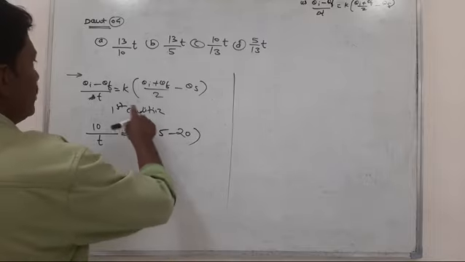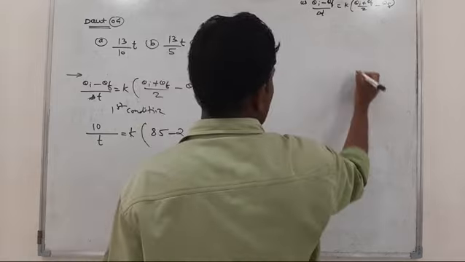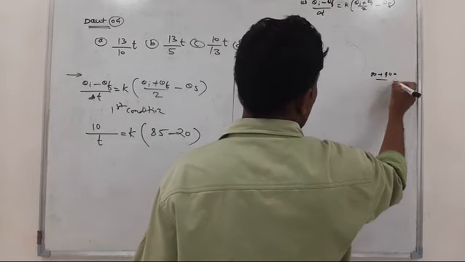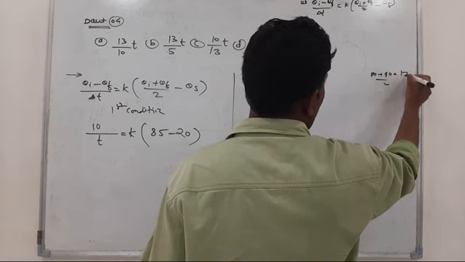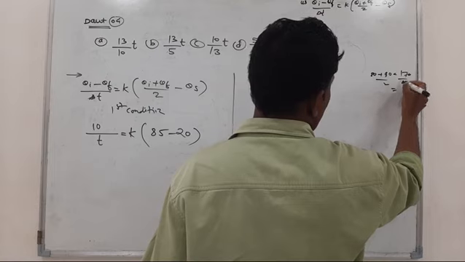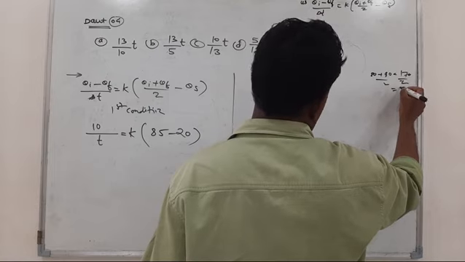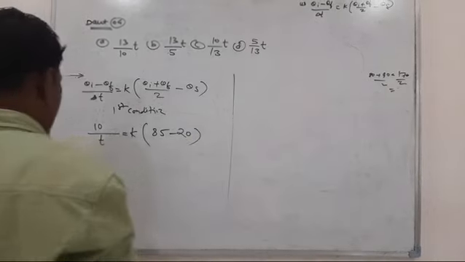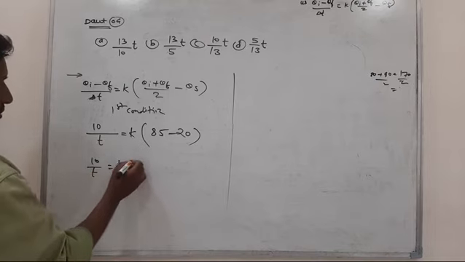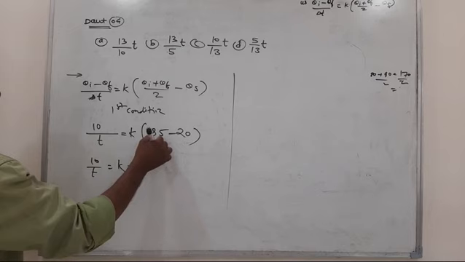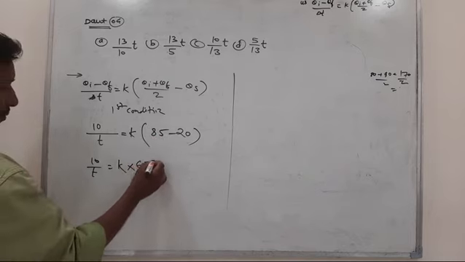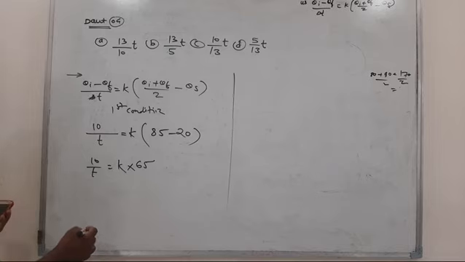That is 80 plus 90 divided by 2, that is 170 divided by 2, that is 85. This must be equal to 10 divided by t, that is k times 85 minus 20, that is 65, right?